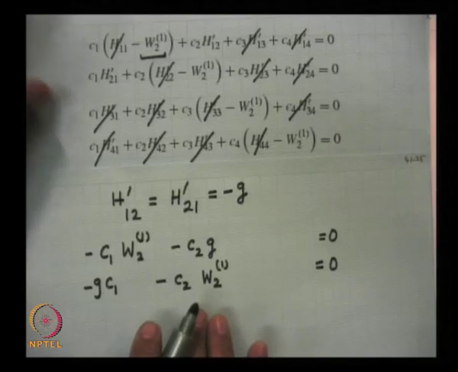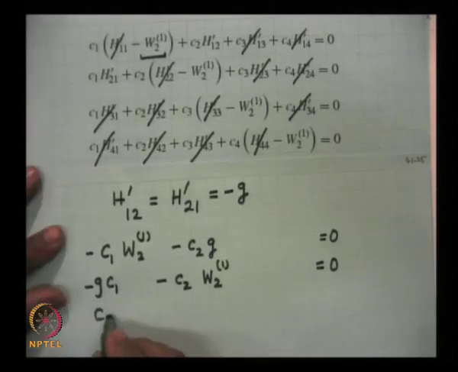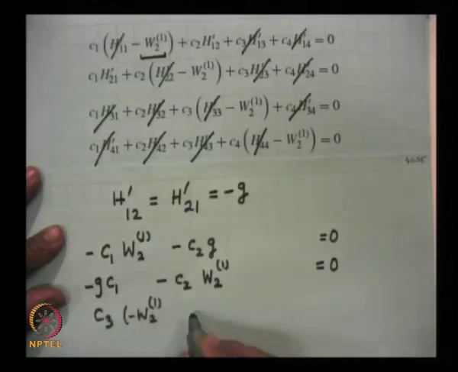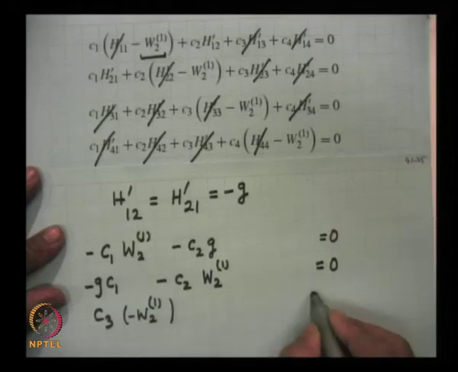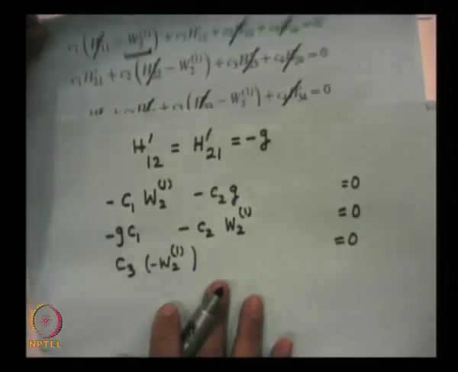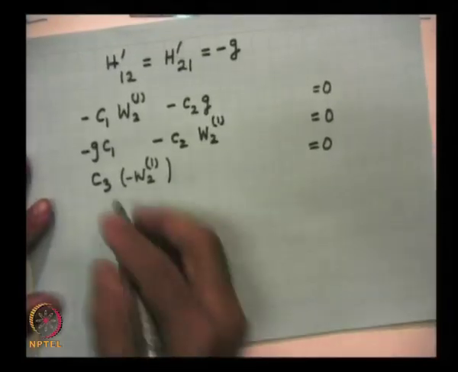Then C3 multiplied by minus W21 is equal to 0, and similarly C4 is also like that.